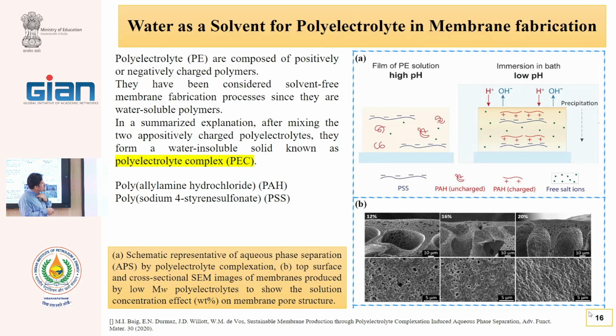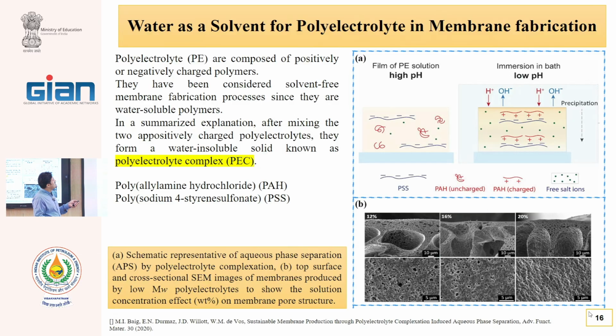The negative charge contacts the positive charge. Okay? Understand me? When they come in contact together, the solubility is removed and they precipitate, and phase inversion happens. Phase inversion is the separation of the solid from the liquid.